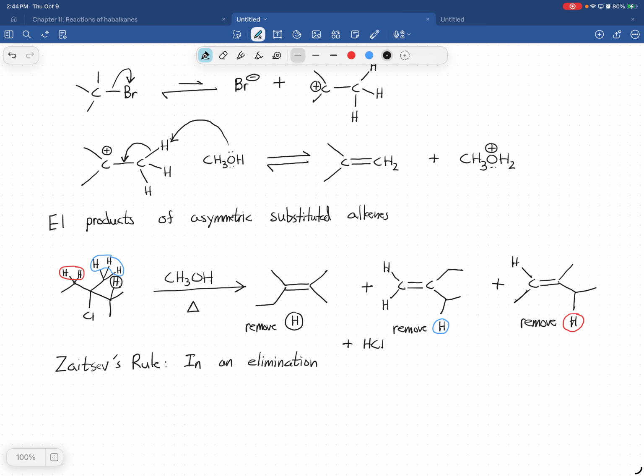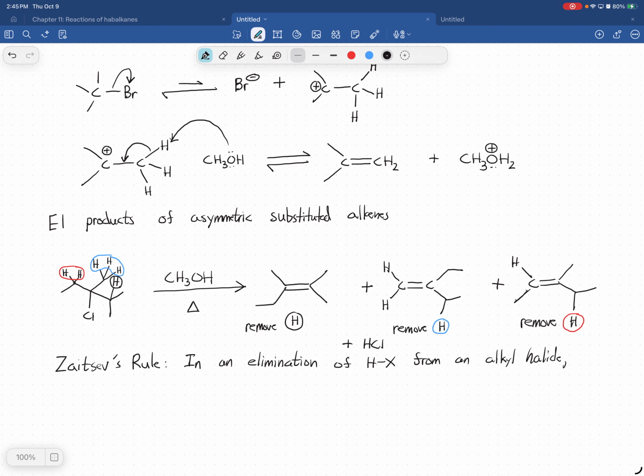Okay. In an elimination of HX, okay. So in our case, what is HX? What's X? Chlorine, right. So that'll be our Cl. That's our acid we form, okay? So an elimination of HX from an alkyl halide. All right.